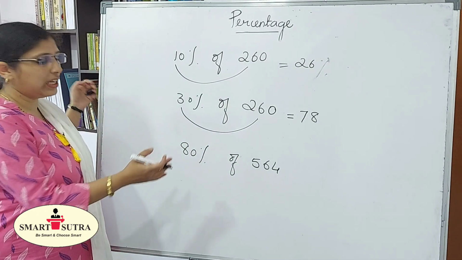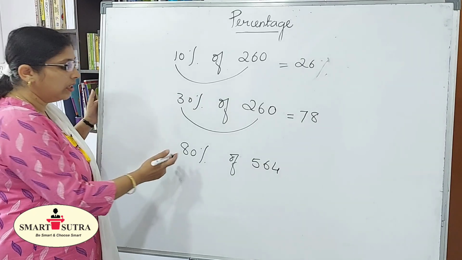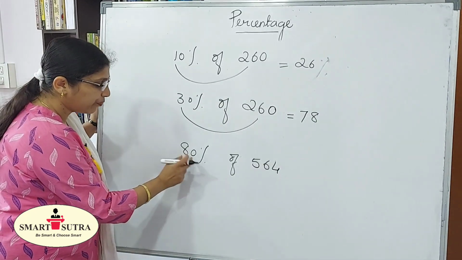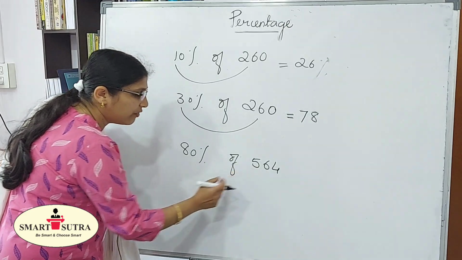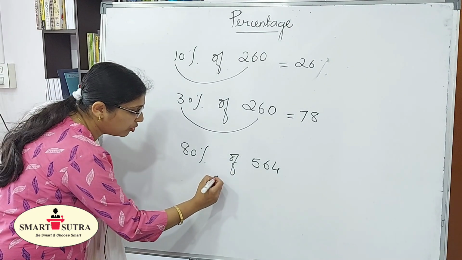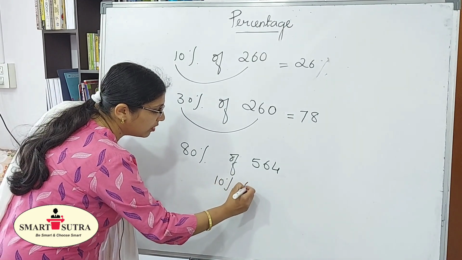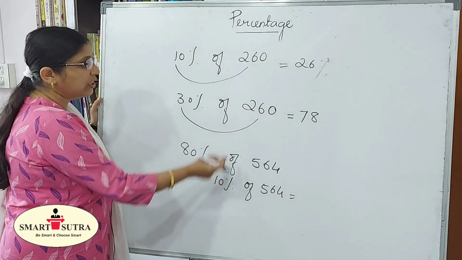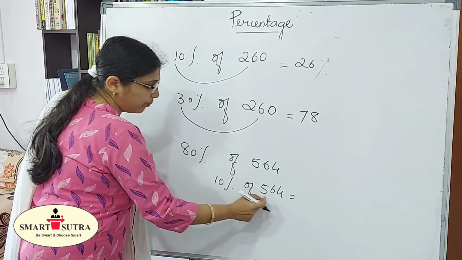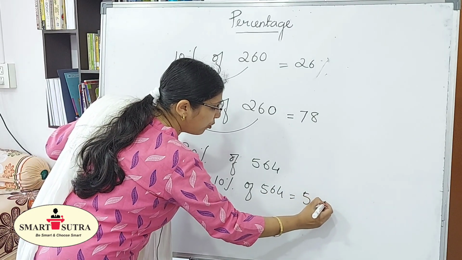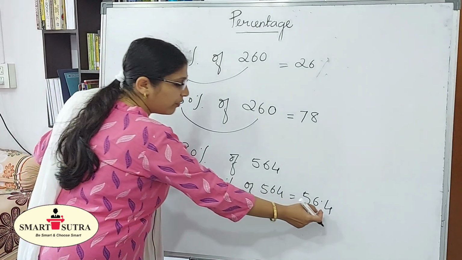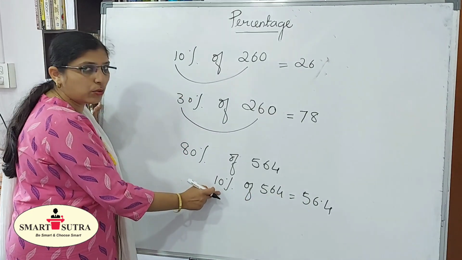So again we can make it much easier than multiplying. What shortcut trick can we apply here? For 564, we can find out 10% of 564. That is easy. How? Just move one decimal point, that is 56.4. There is only one zero present.